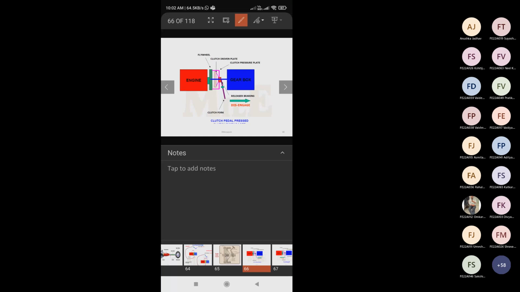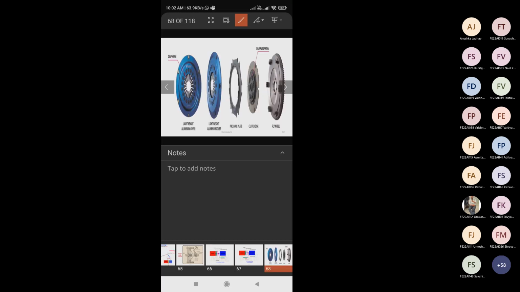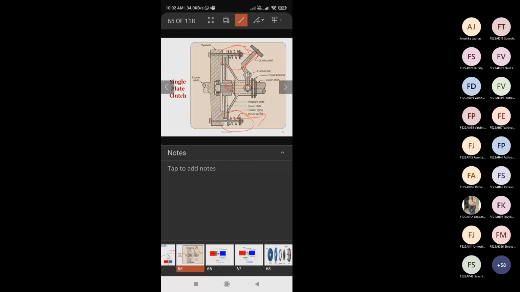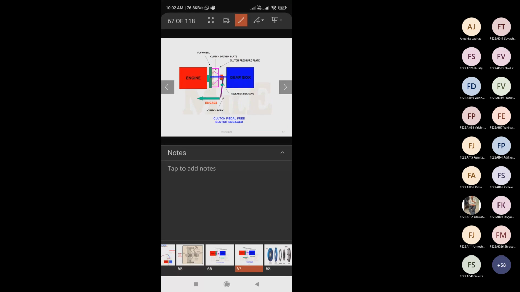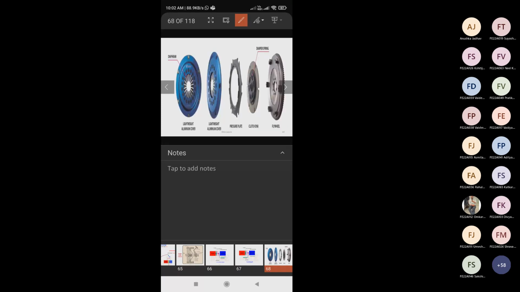Same thing is there. This is the clutch. That is how it is working, right? Here you can see, in the exam you need to draw this diagram. If single plate clutch working and construction is asked, you need to draw this diagram. These are the various components. This is the clutch disc with frictional material.